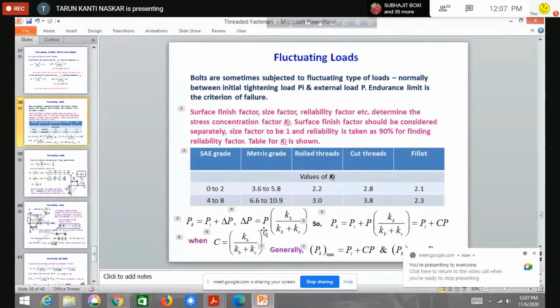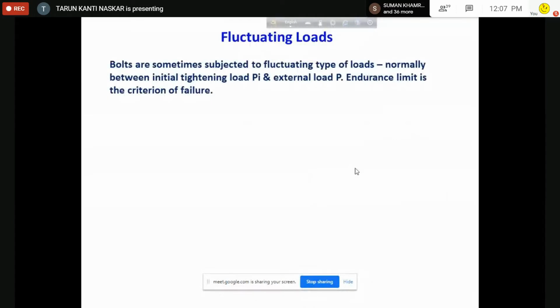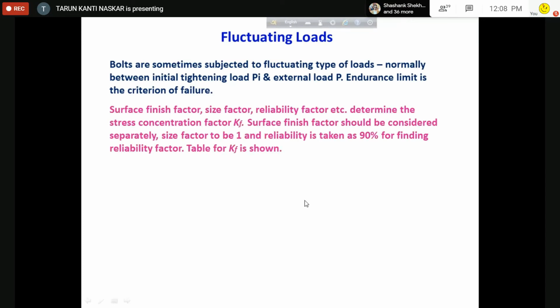Yesterday I just started fluctuating load. Now you are already aware of what is fluctuating load.